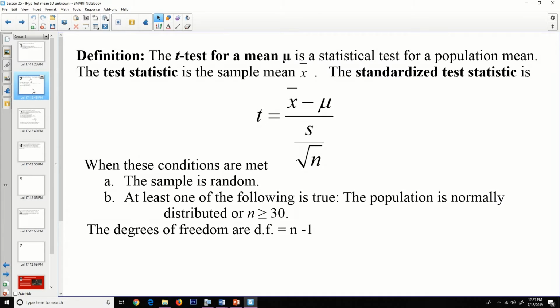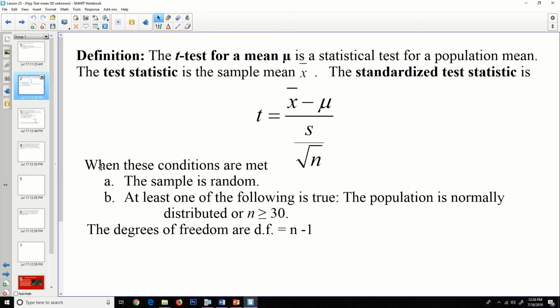And the standardized test statistic is t equal to, and this looks very similar to the z, except here we use our sample standard deviation instead of our global standard deviation. We take the sample mean, subtract the population mean, divided by the standard deviation of the sample, all over the square root of the sample size.